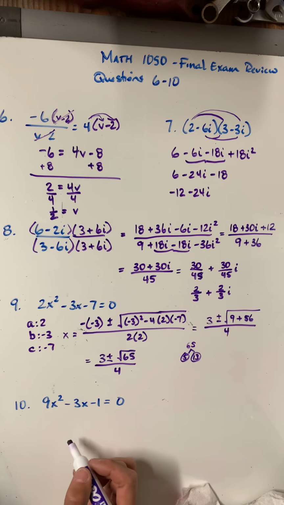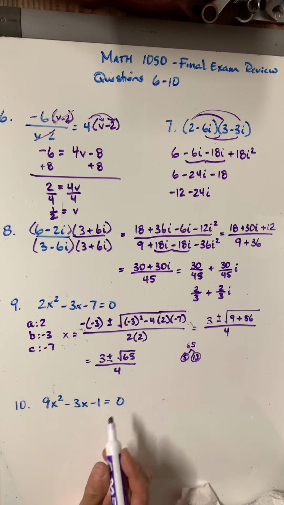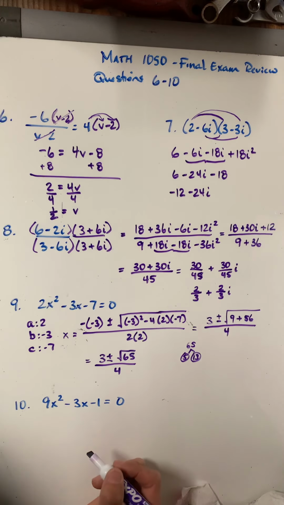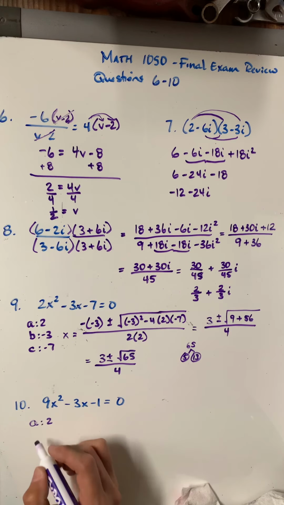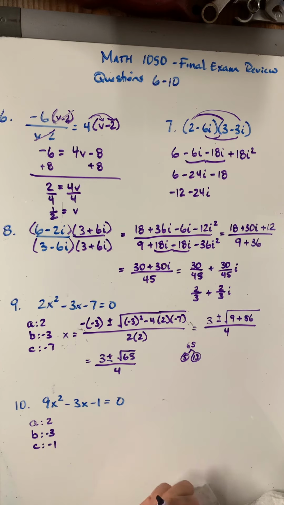Now, question 10, they want you to round this answer. So here you will put that square root in the calculator and get a final rounding. So let's do that one. So A is 2, B is negative 3, C is negative 1.